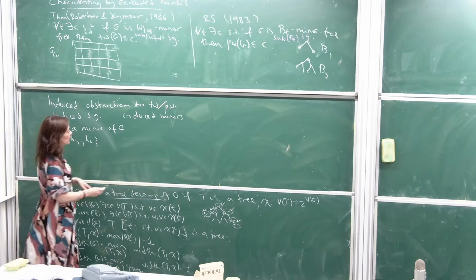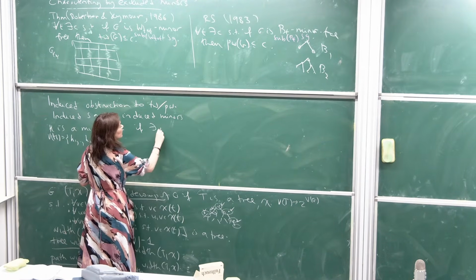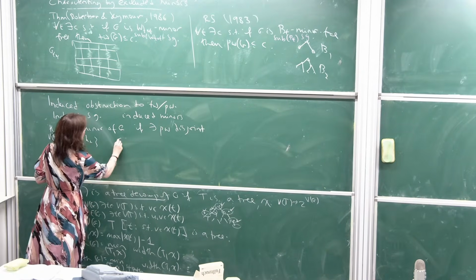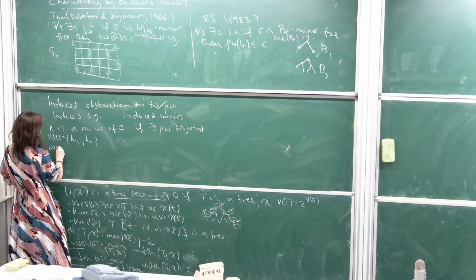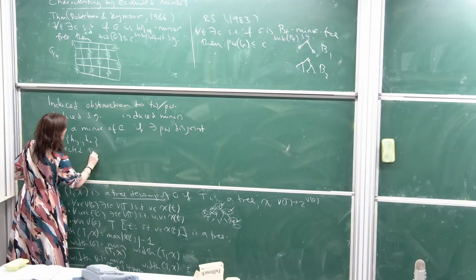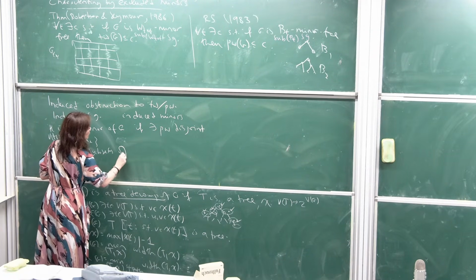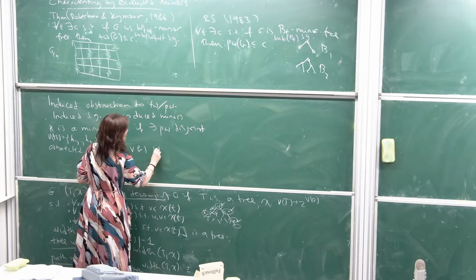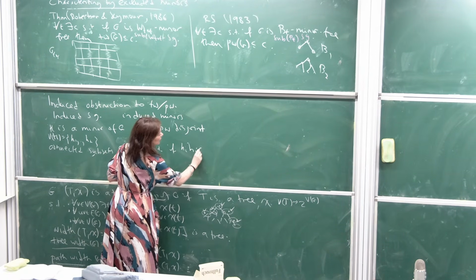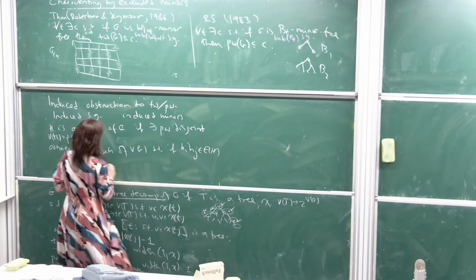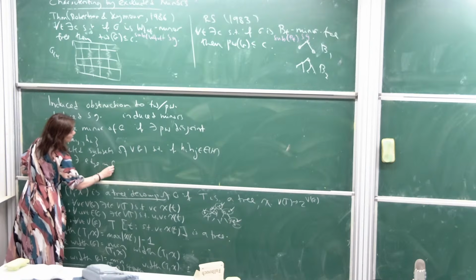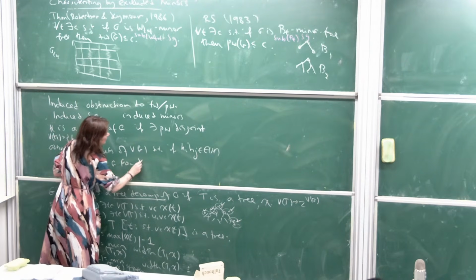Then it is a minor of G if there exist pairwise disjoint connected subsets of V(G) such that if h_i h_j is an edge of H, then there is an edge in G between the corresponding subsets.